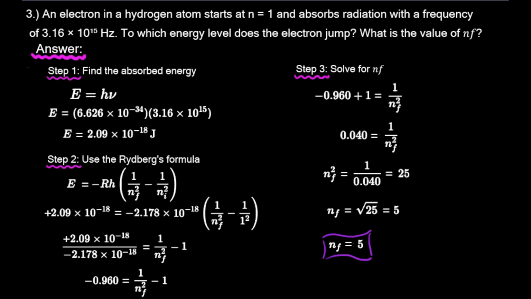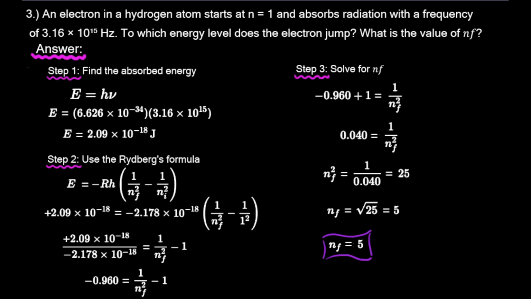Next, in the second step, we use Rydberg's equation. So E equals negative 2.178 times 10 to the minus 18 joules multiplied by the quantity 1 over n final squared minus 1 over n initial squared.